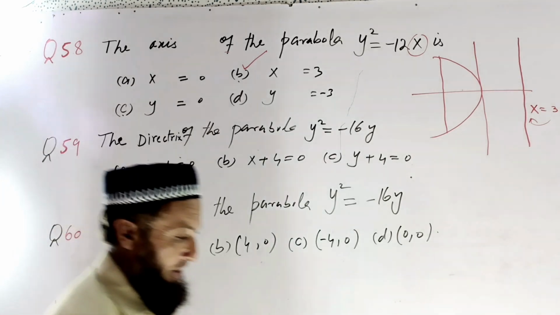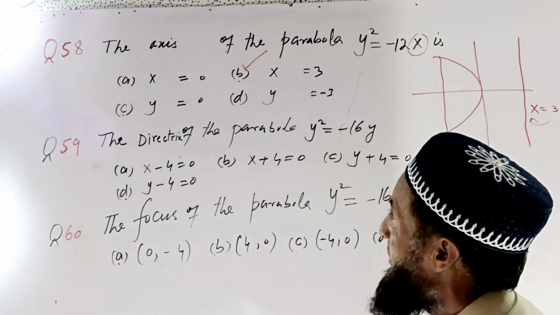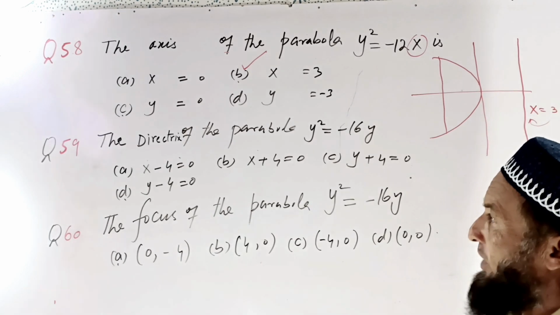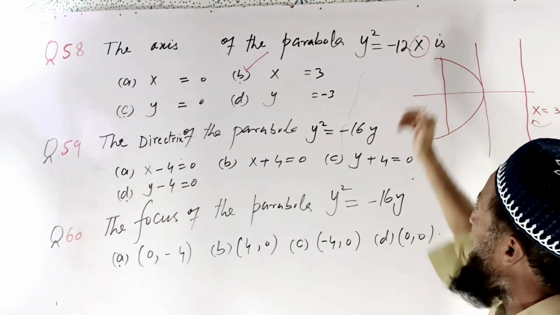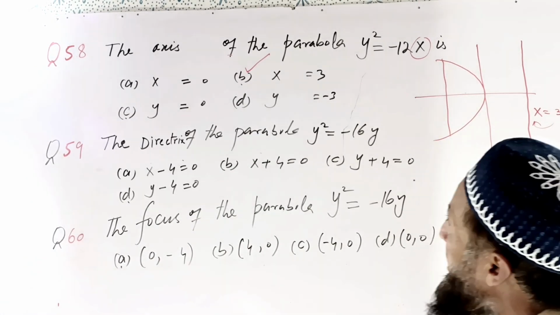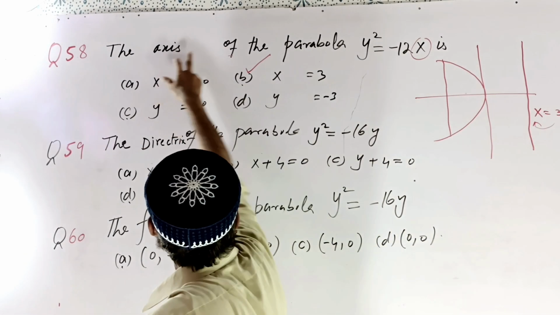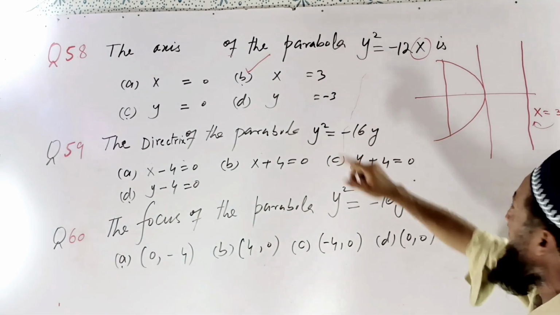Dear students, we have already done the previous question, question number 56. We have already done the same type, the equation of the directrix of the parabola. Now we are finding the axis of the parabola y square is equal to minus 12x.